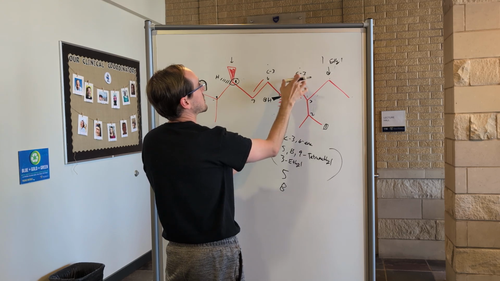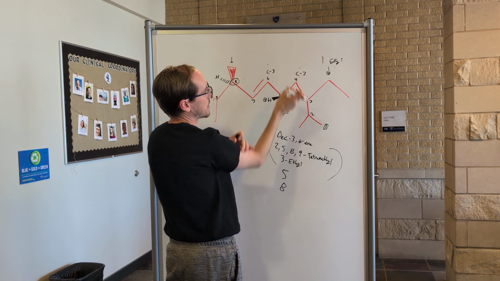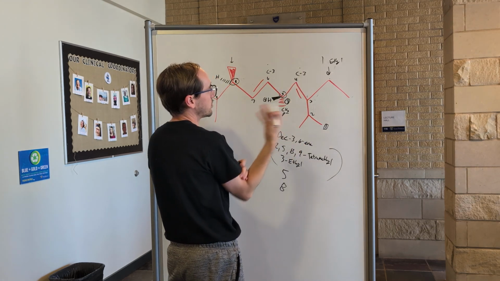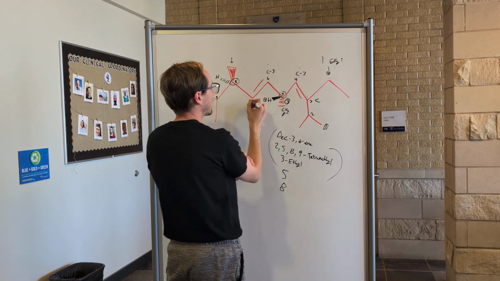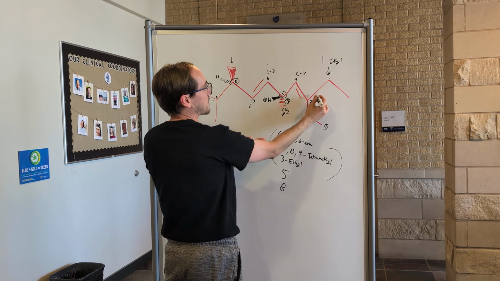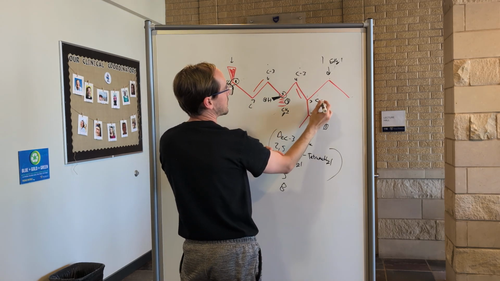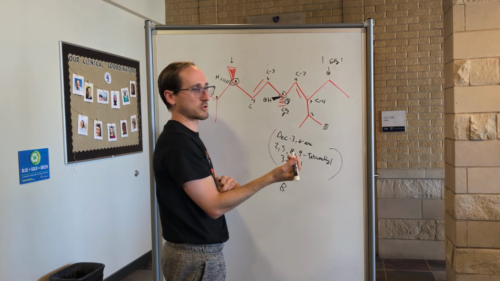The next thing is we don't really know which of these two at the top has higher priority, right? Because they're both carbons with 3 bonds. So we just move out. So we move out to here, and so we're looking at this carbon and this carbon. Looking at this carbon first, we see that we've got 1, 2, 3, 4 things bound to this carbon that are not hydrogen.